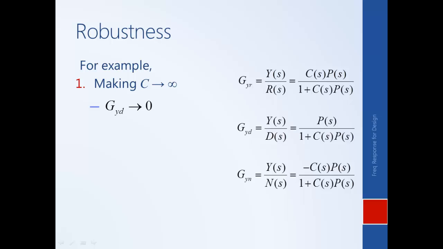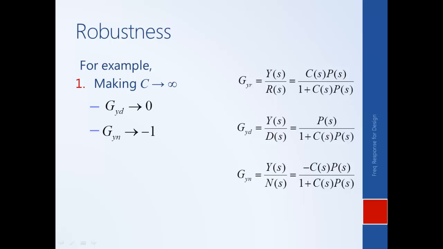If we did that, however, what would the effect be on the system's response to noise? So if we made C very large, then this quantity would get large and it would dwarf the 1. And so you would get something of a large magnitude divided by something of an almost identically large magnitude. And so the magnitude of that transfer function would approach 1, since magnitude doesn't depend on sign.